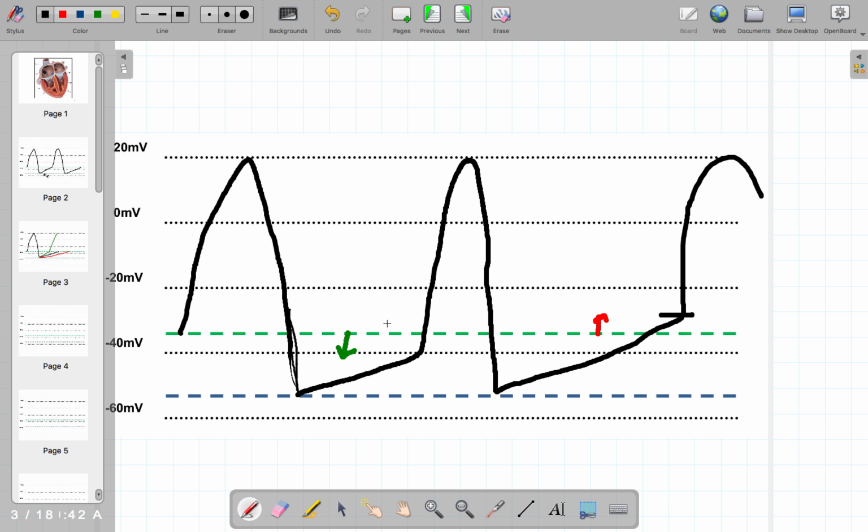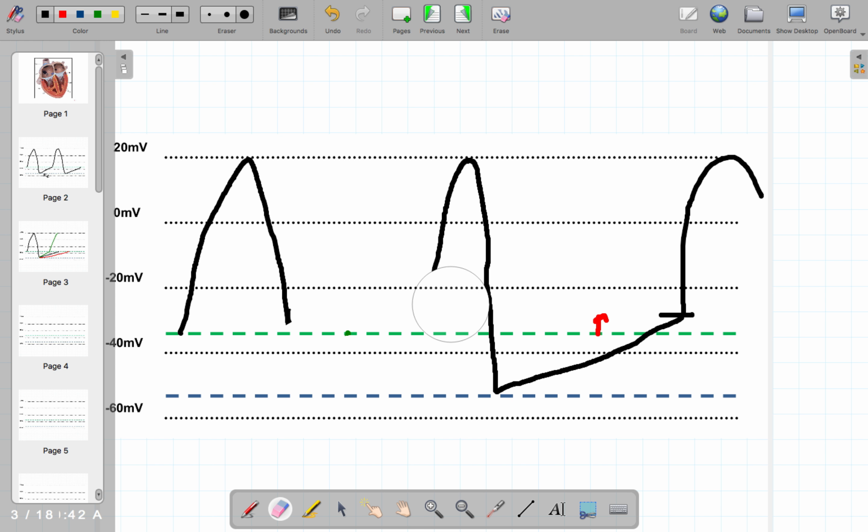So notice that by doing that, we have increased the heart rate by lowering the threshold for the calcium channel, or decrease the heart rate by increasing that threshold, making it harder to get to the threshold, longer time to get to the threshold. And so finally, the last thing we want to talk about is the threshold for the IF current can also be altered.